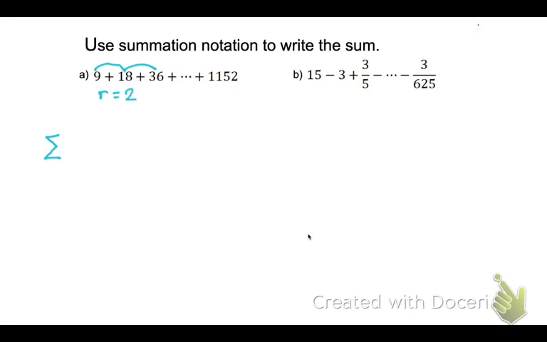You guys remember the formula, the definition, the rule? A sub 1 times r to the n minus 1. Okay, a sub 1 is 9. 2 to the n minus 1. And if we simplify that, that's 9 over 2. How'd I get it over 2?